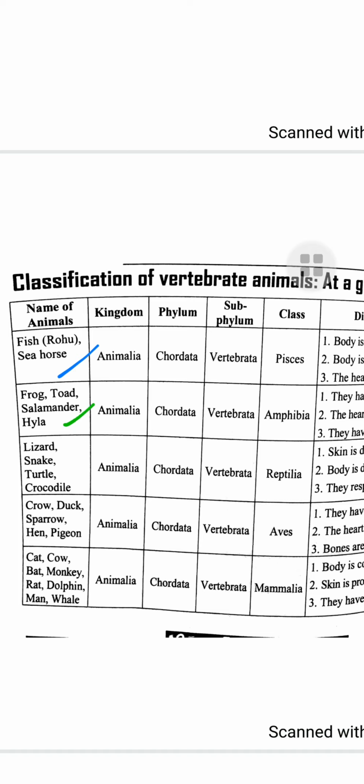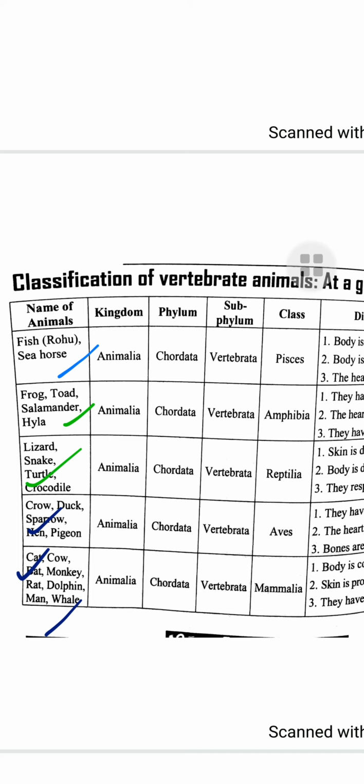Frog, toad, salamander belong to Amphibia. Lizard, snake, turtle, crocodile belong to Reptilia. Crow, duck, sparrow, hen, pigeon belong to Aves. Cat, cow, bat, monkey, rat, they belong to Mammalia.